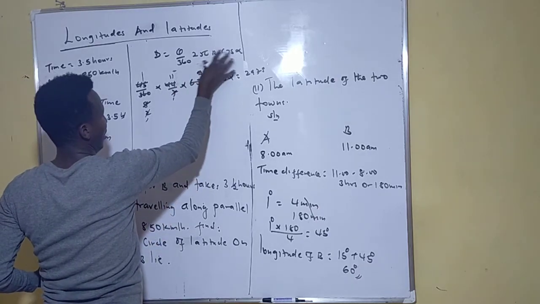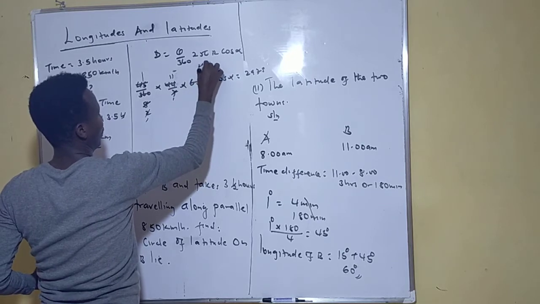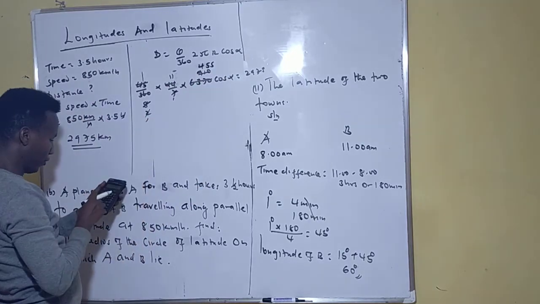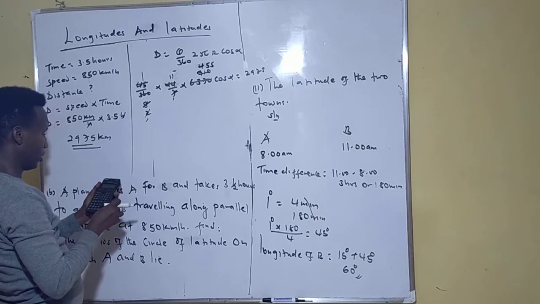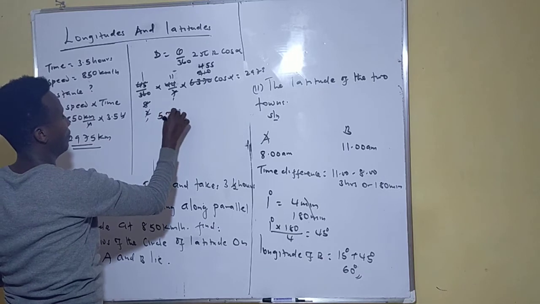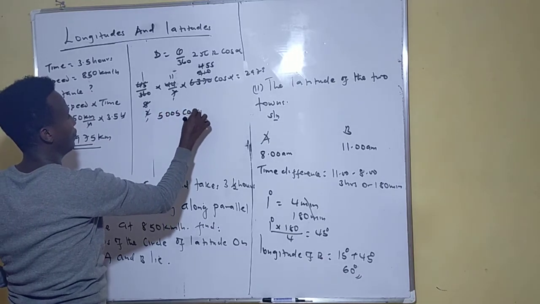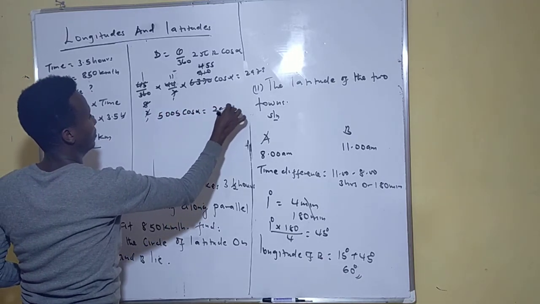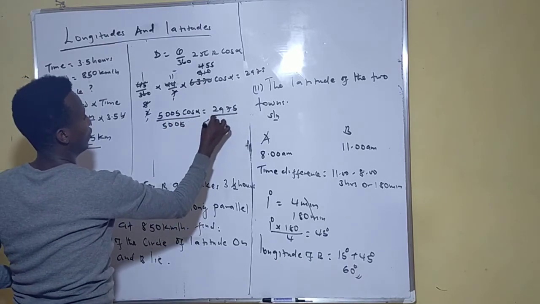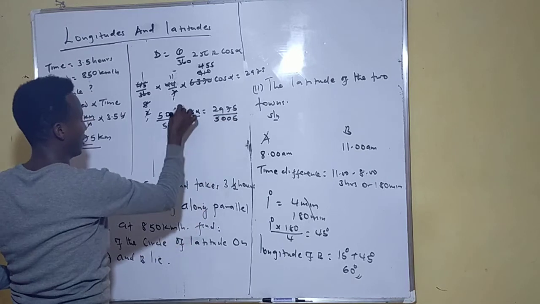It will give me 455. I will have 455 times 11, that will give you 5005. So I'll say 5005 cos alpha is equal to 2975. Divide here by 5005, divide here also by 5005, cancel.